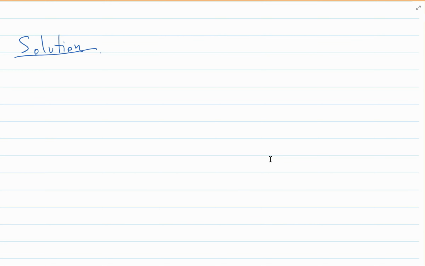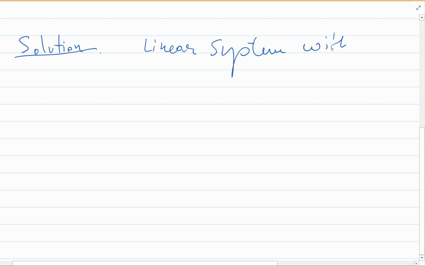So in order to solve this problem, first of all, we notice that this is a linear system with 4 unknowns and 3 equations.